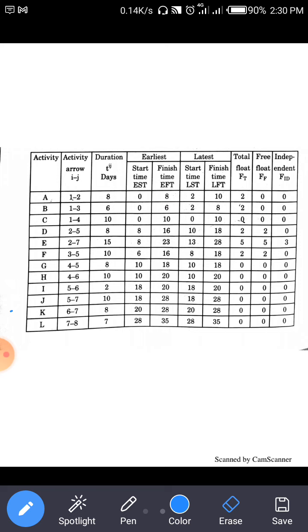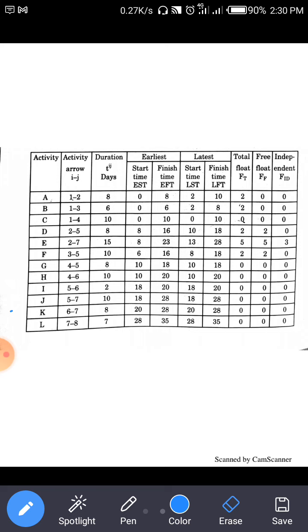Now another is independent float. Independent float is free float minus tail event slack. So this is the equation for independent float. So free float minus tail event slack.